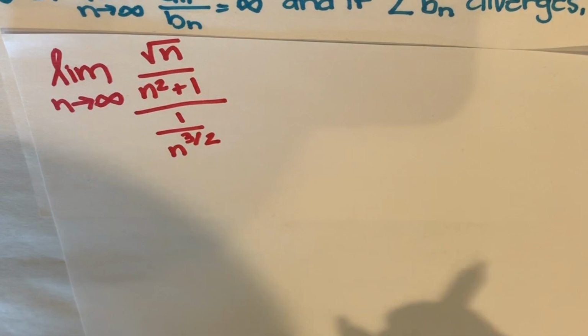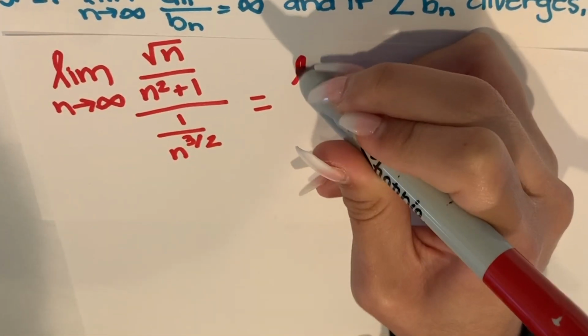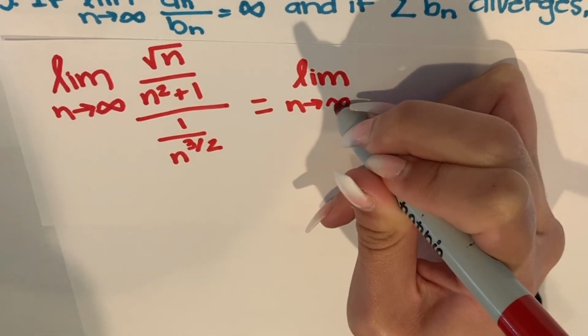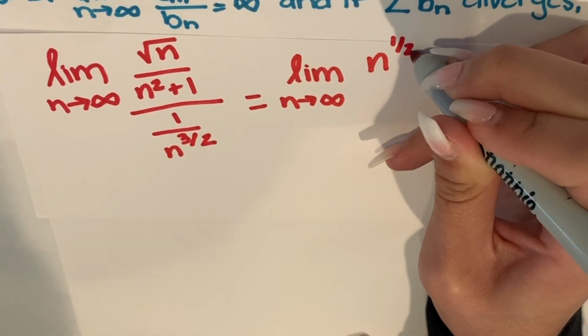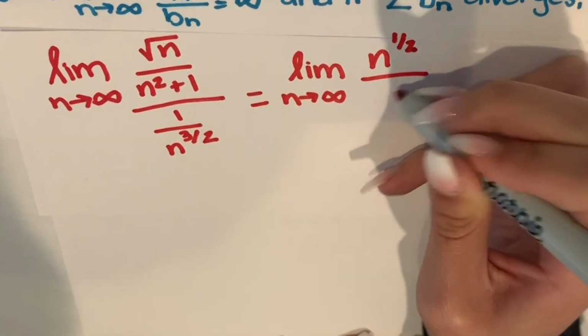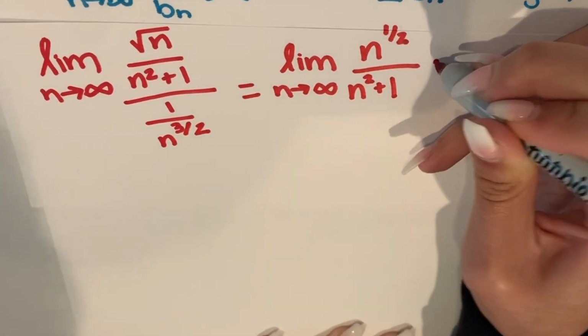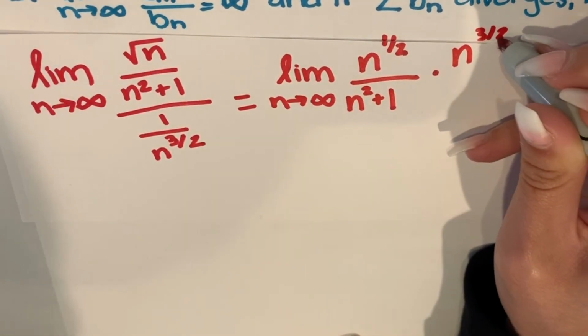Now we can rewrite this so it can be much more simple. So we can take the limit as n approaches infinity, and we will be rewriting the square root of n as n to the 1/2 over n squared plus 1 times n to the 3/2 over 1.